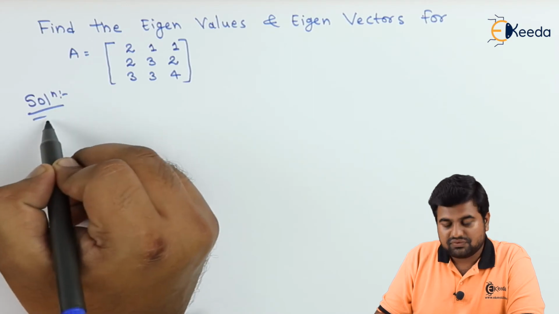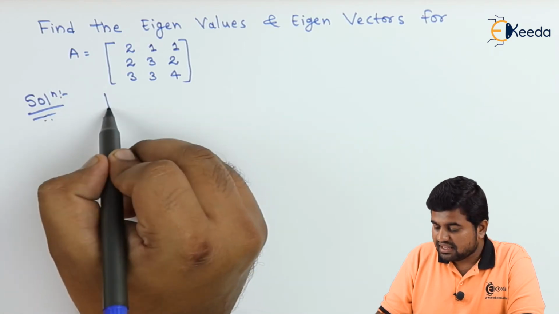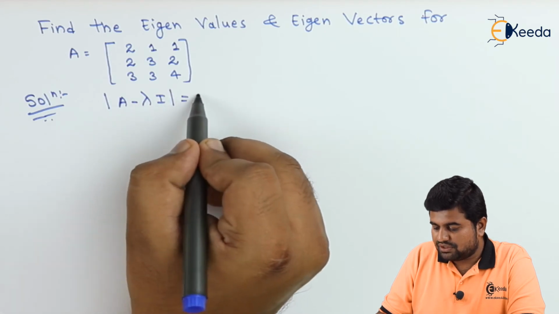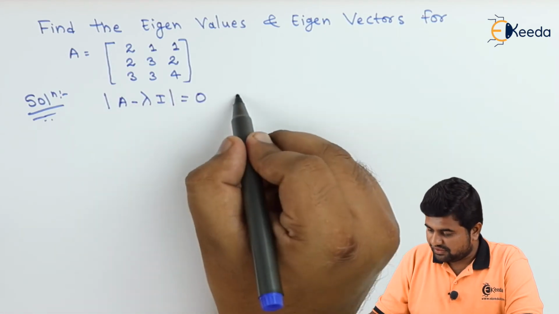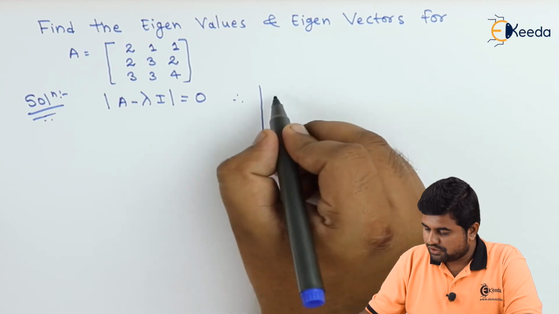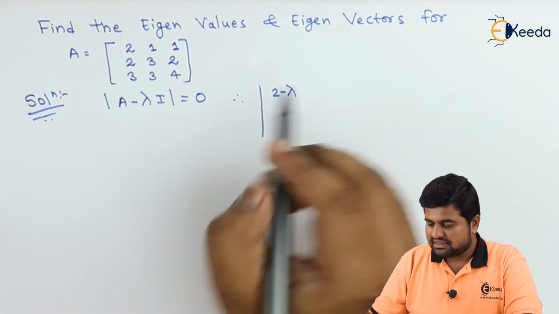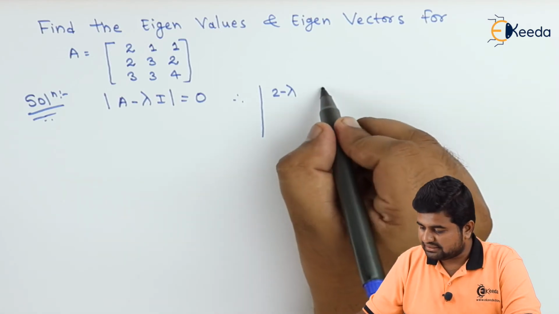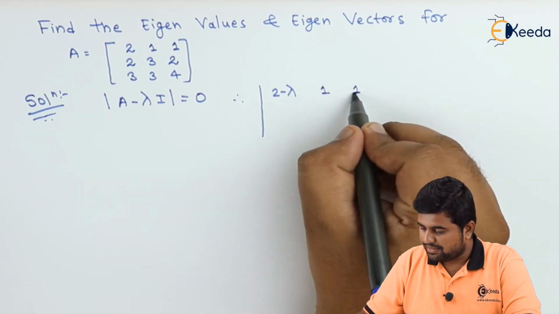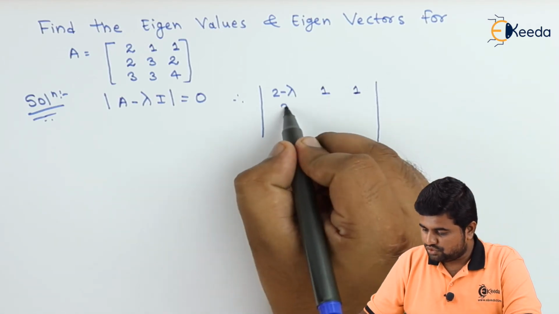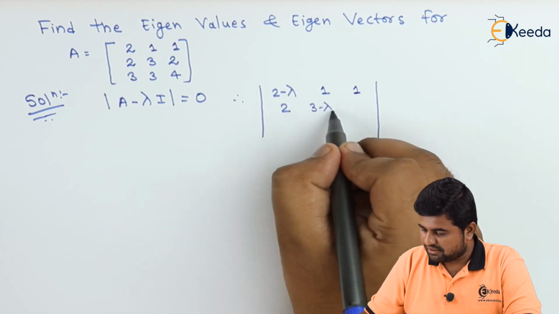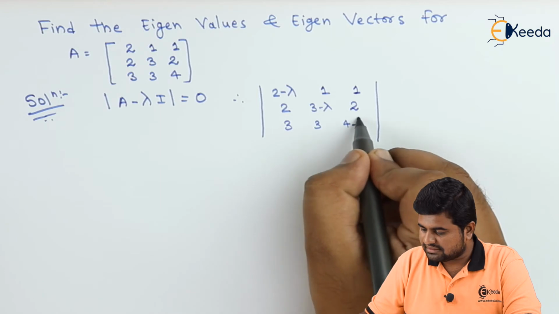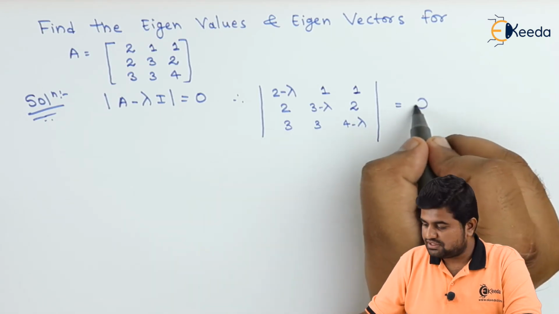Now let us start with the characteristic equation, which is nothing but mod of A minus lambda I is equal to 0. Therefore, 2 minus lambda, we are going to subtract lambda from each and every diagonal element. 2 minus lambda, 1, 1, 2 and 3 minus lambda, 2 and 3, 3 and 4 minus lambda is going to be 0.